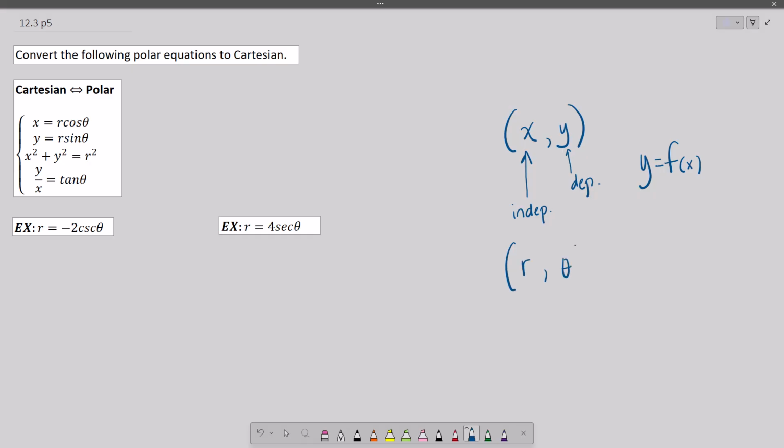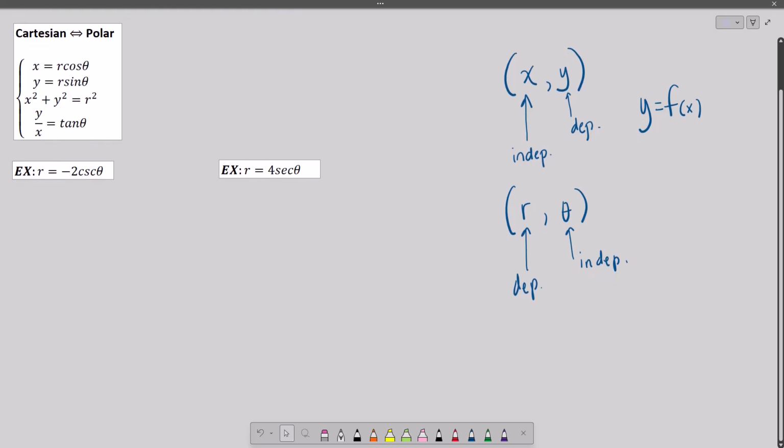We do r comma theta, but whenever possible, we want to isolate the r. So in polar, we are thinking about theta as being independent. We're plugging in a theta and getting out a radial value. It's funny that they do this flip. You would think that we would keep the same convention, where the second coordinate is the dependent variable, but no. I don't know why. Never figured that one out. But just be aware of that.